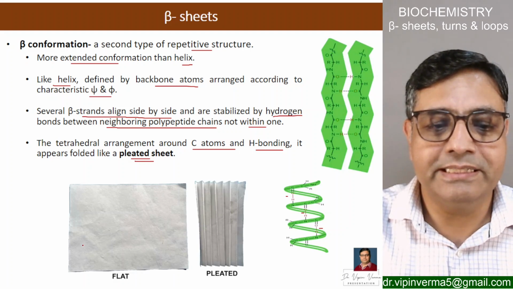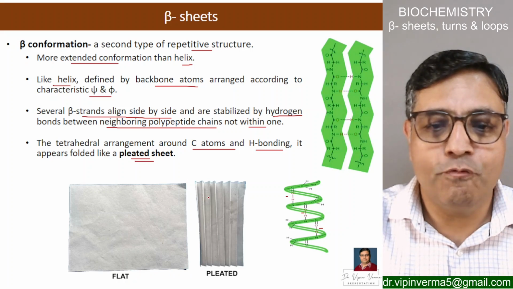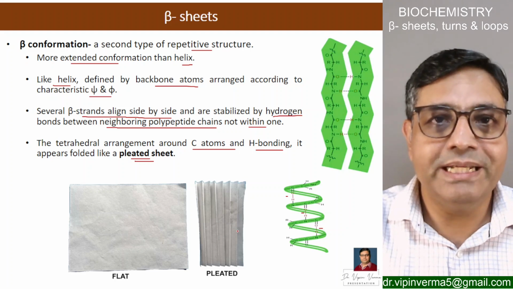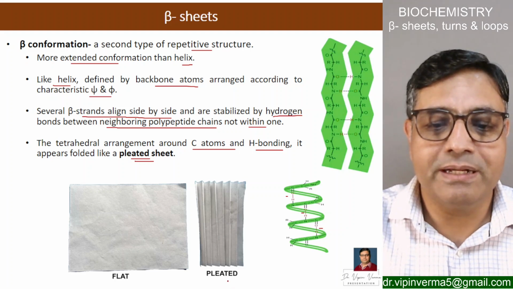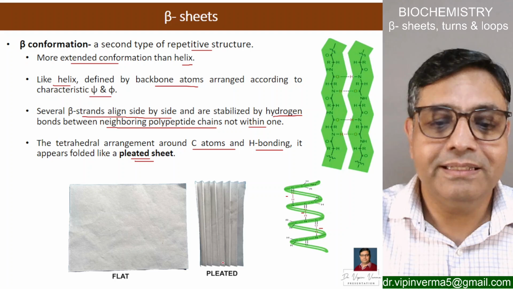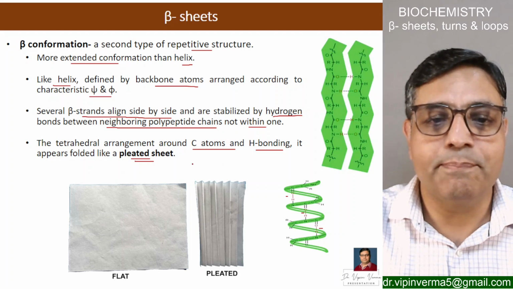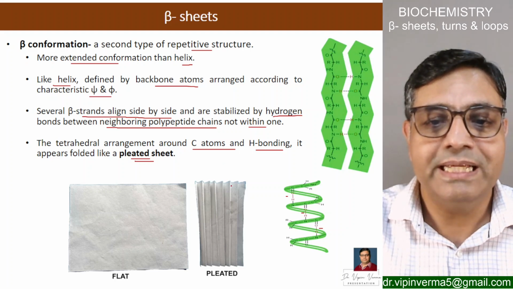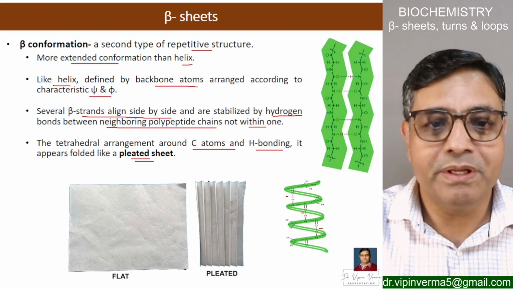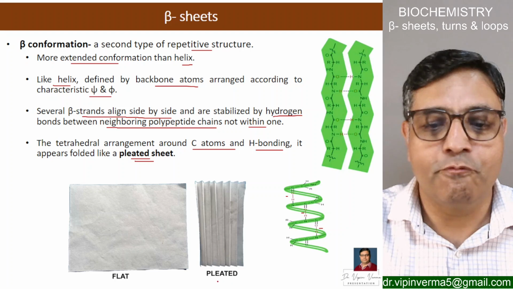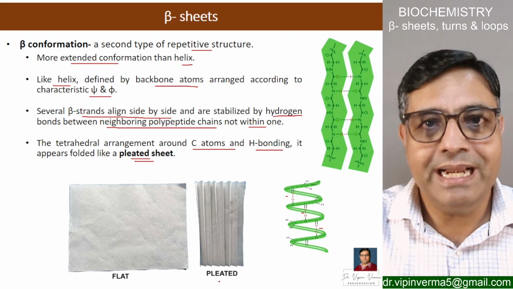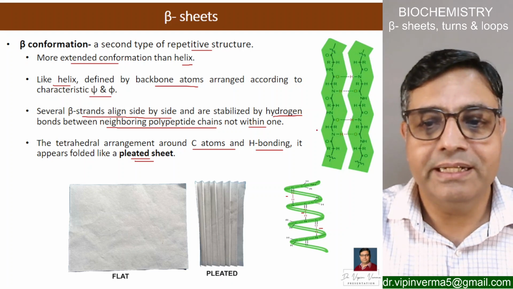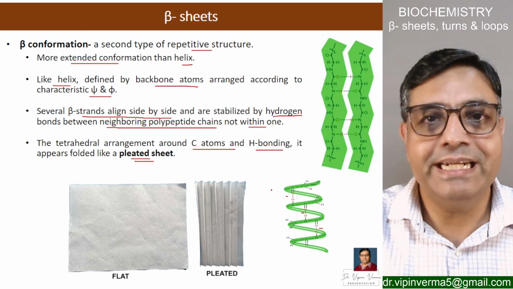You can see here this is a flat paper, but when you fold it in this particular manner as shown and you release it, then it becomes pleated, and that's how the name comes, pleated sheets, because of this appearance. So the beta pleated sheets appear like this particular folded sheet, and that's why they have the extended conformation.